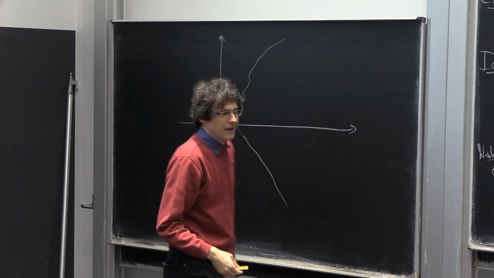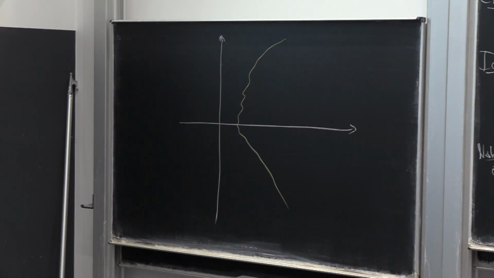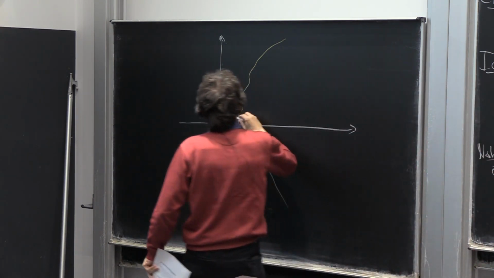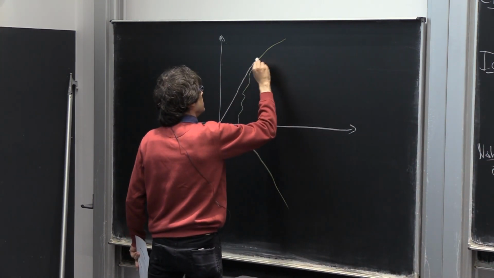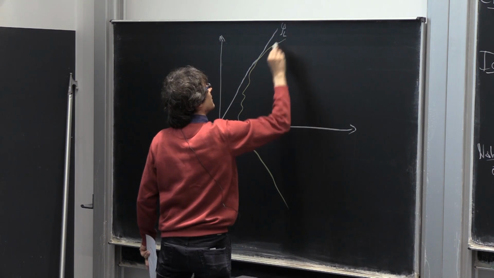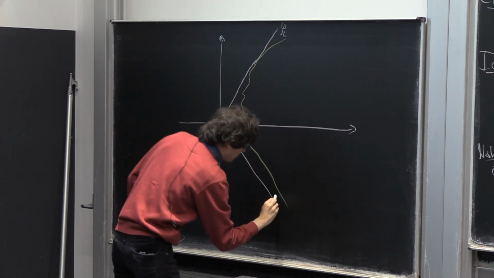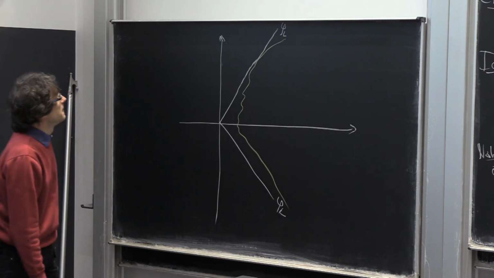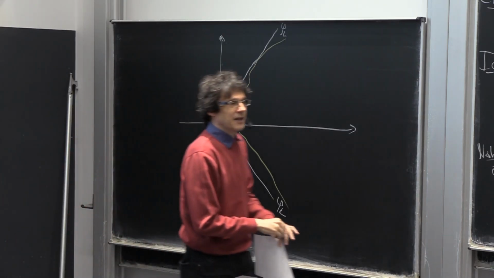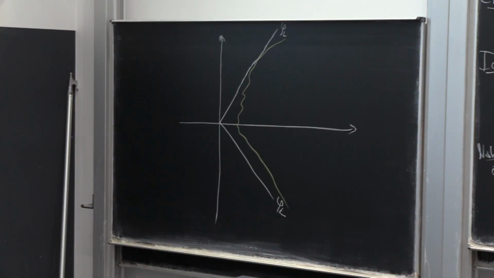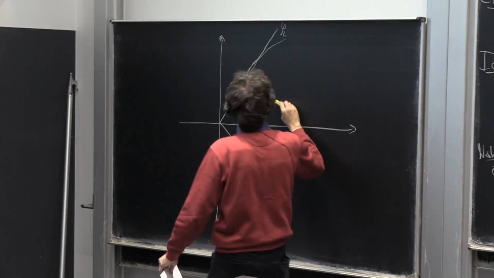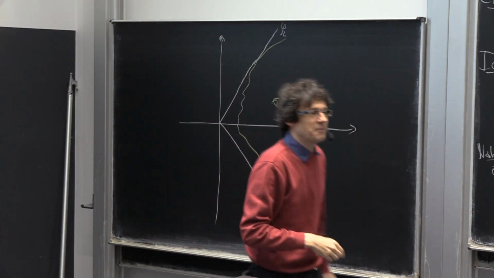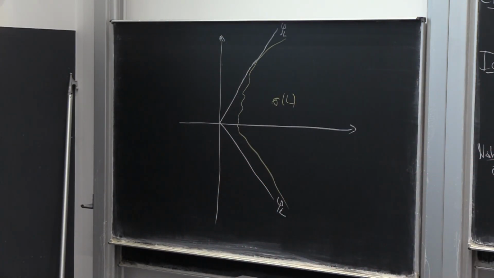I do the picture for some sectoriality angle that is less than pi over 2, but this will be of no importance. So we know the spectrum of L is somewhere in this sector. And now we have to do a path integral around this sector.